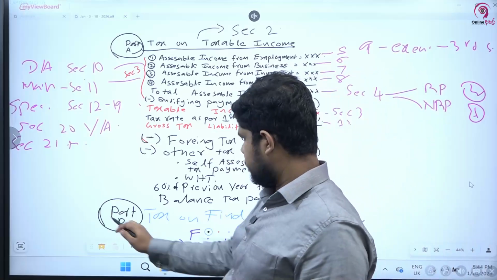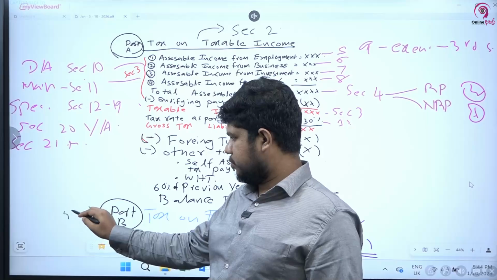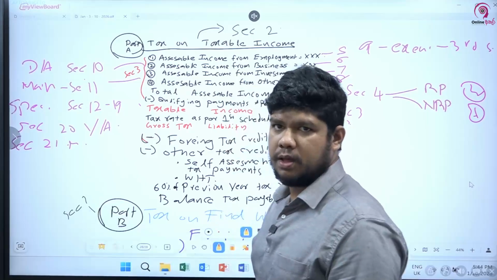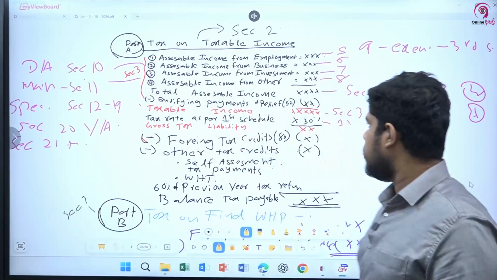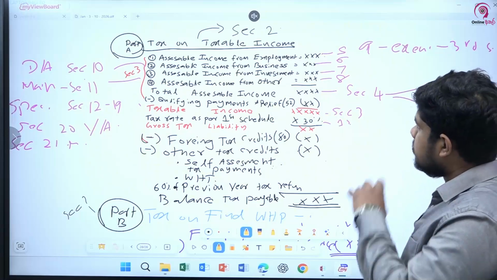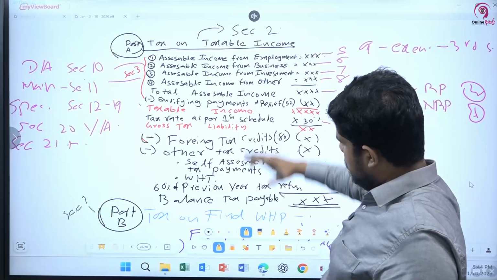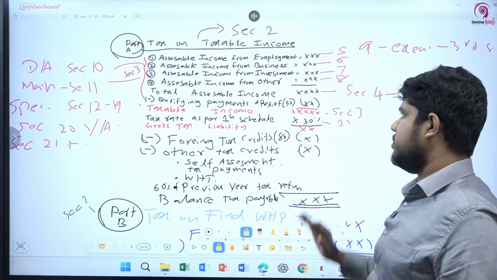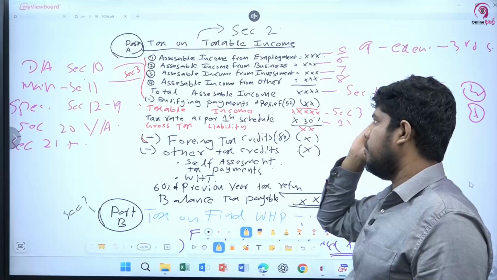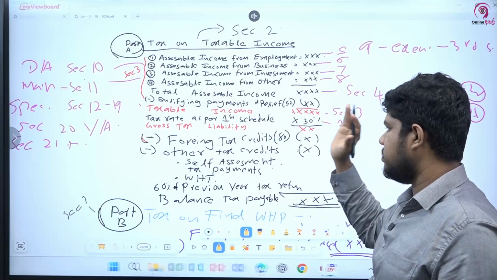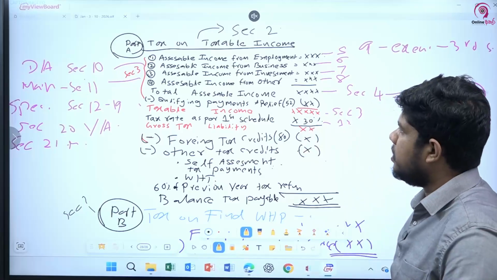This part B also comes under section 2, as we discussed. Now we discussed the structure of the act. This is the format. What is the format? I'll give you a very concise understanding.